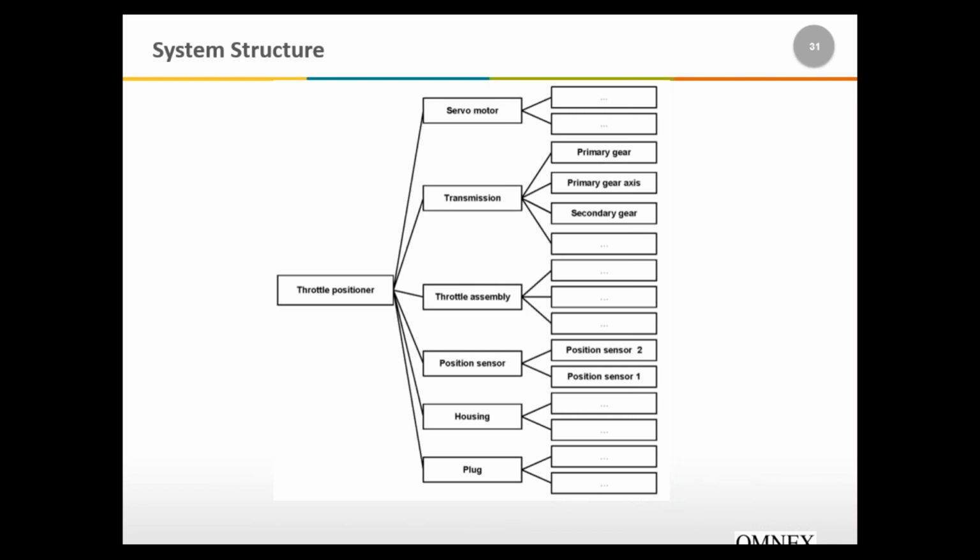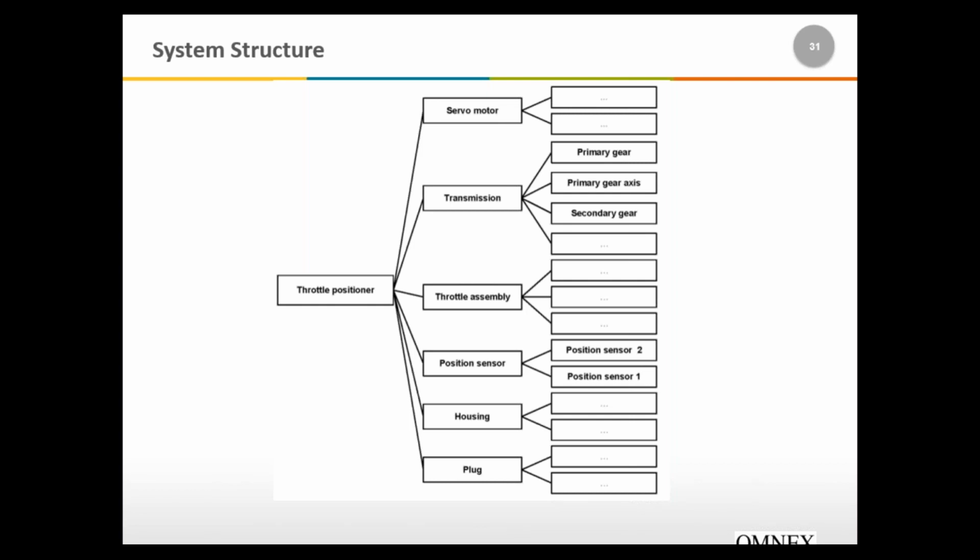So you go from the throttle, then you have all the components that go into the throttle positioner, and each of those components could have individual parts. So eventually you come down to a dead end at the parts level. A part is something that cannot be divided further into subparts. All right, next slide.